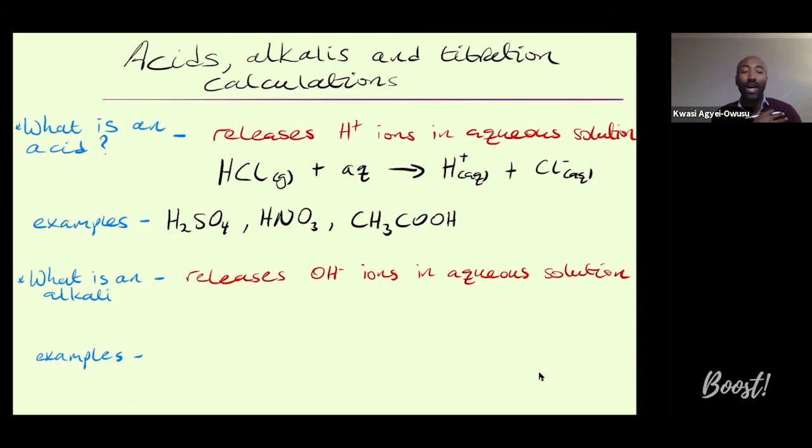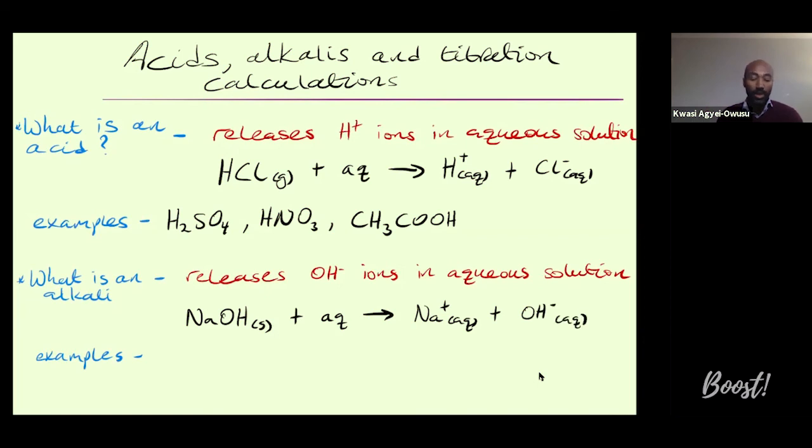Alkalis, on the other hand, release OH- ions or hydroxide ions in aqueous solution. And perhaps the most common alkali that you will have come across is sodium hydroxide. So if we look at an equation, sodium hydroxide comes in solid pellets, and if we dissolve that in water, aq, you will end up forming aqueous sodium ions, as well as forming hydroxide ions.